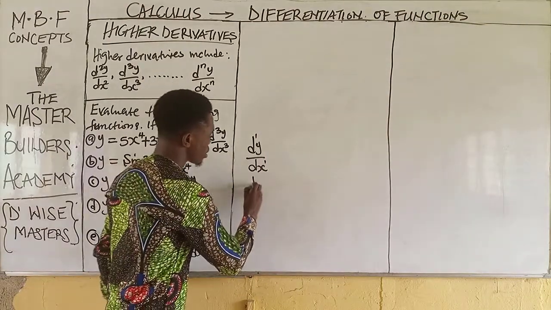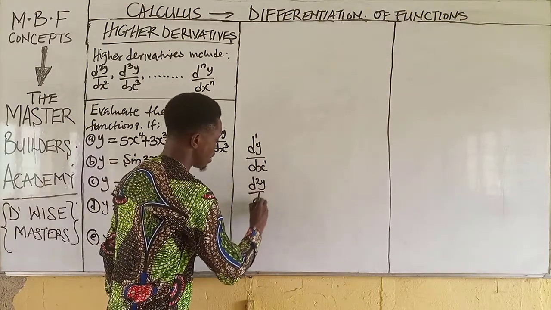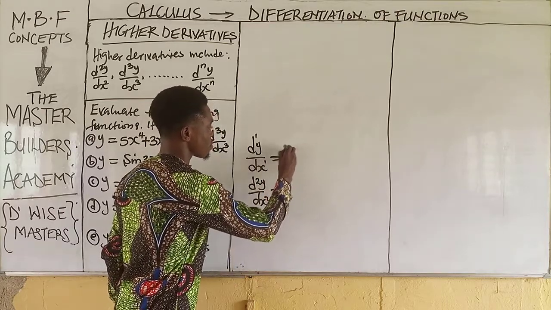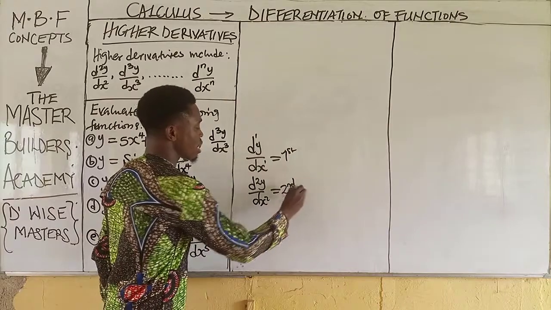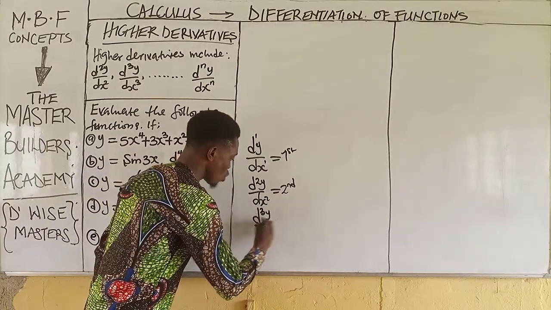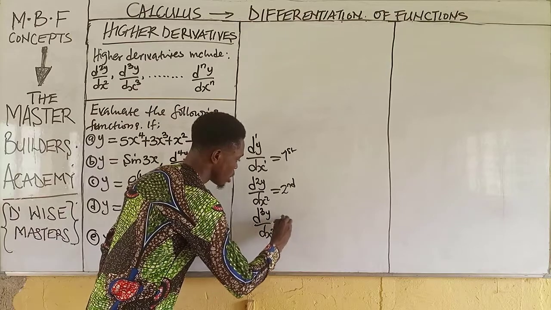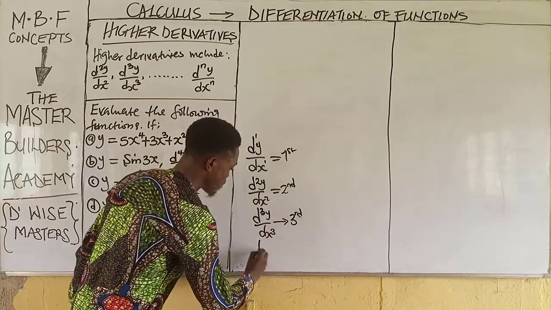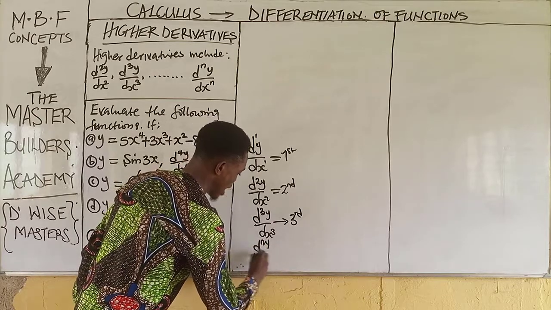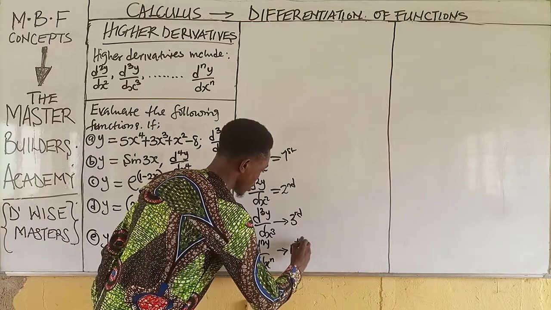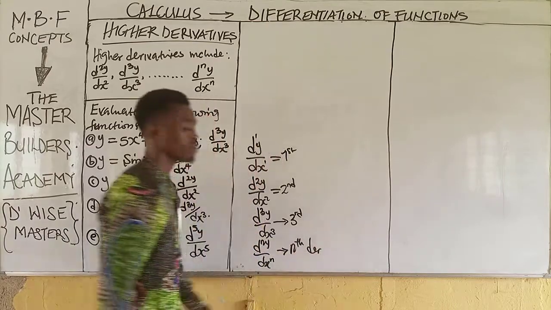Now, when you have d^2y over dx^2, this is second derivative. Then if I have d^3y over dx^3, this is what? Third derivative. Just like that, if I now have d^ny over dx^n, this is nth derivative.